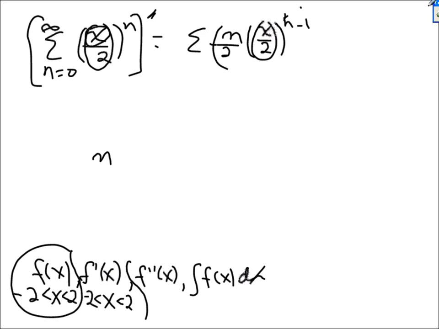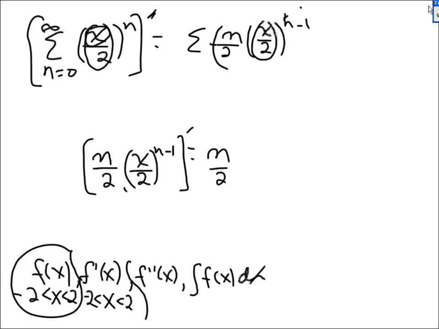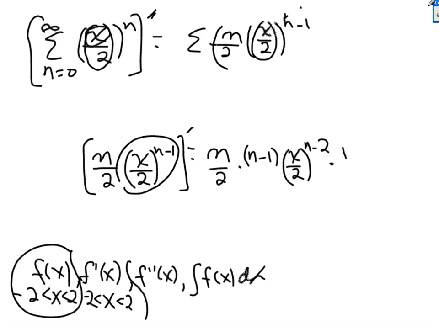What is the derivative with respect to x of n over 2 times x over 2 to the n minus 1? What's the derivative of that? Well, n over 2 is just a constant. We take the derivative of that. I bring down the power. I keep the x over 2 the same. Make the new power 1 less. And then I take the derivative of x over 2, which is a half. 2 times 2 is 4.